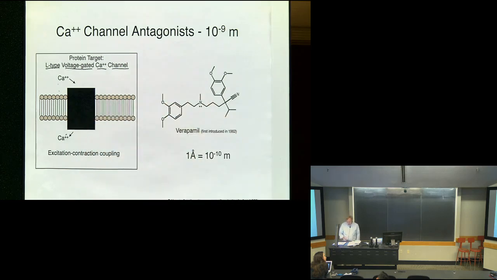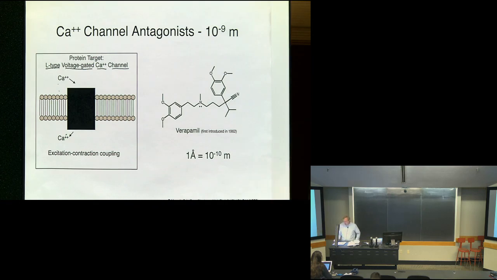That's kind of strange. We'll unpack that too. It's a mechanism called excitation-contraction coupling in the heart. And it actually was a black box until maybe 3 years ago when someone finally determined a structure of this with some of these therapeutics bound. That was kind of cool.